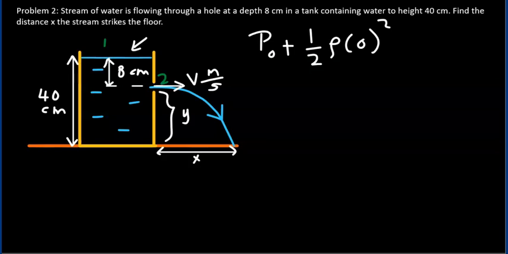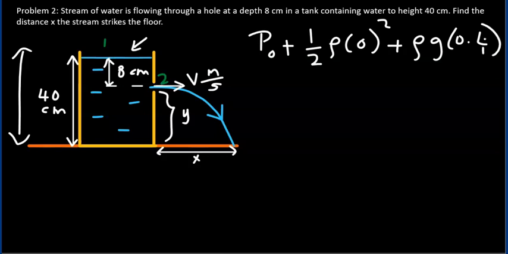Point 1 is at elevation of 40 centimeters. So the third term will be density, gravity, converted into meters, 0.4 meter. And that equals, now the terms outside here. So the pressure is still the atmospheric pressure, P naught, because it's outside the tank.